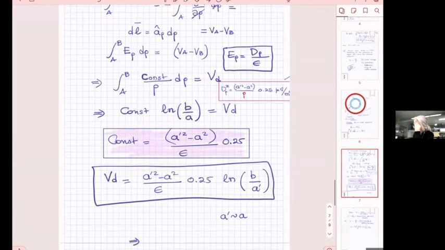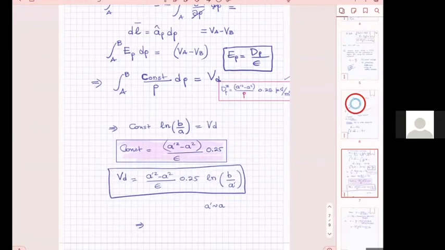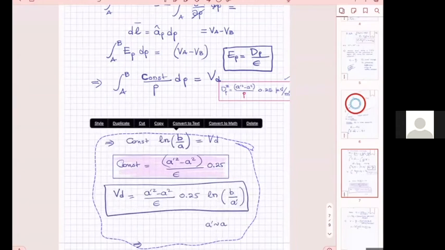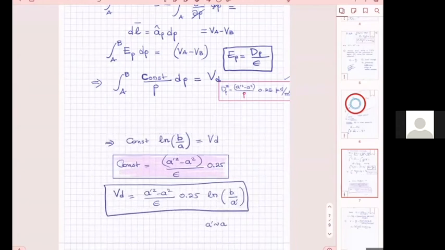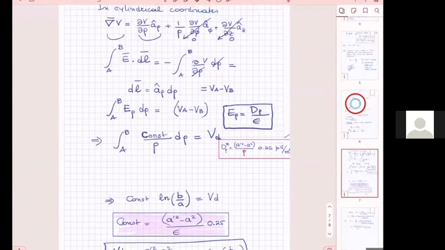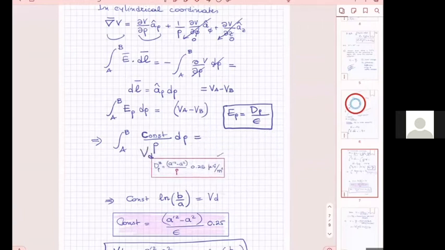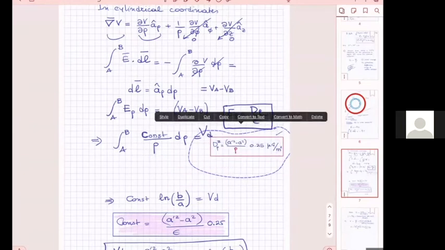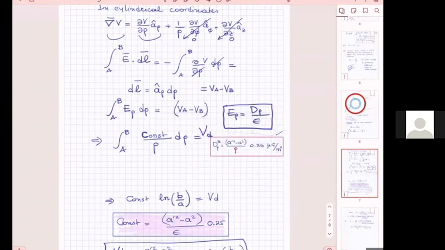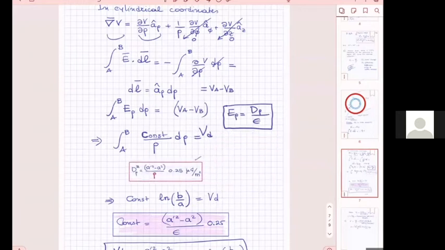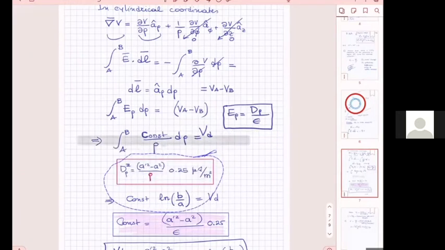Is that clear a little bit? Did you see how I got it? I think so. So E of rho was equal to D of rho over epsilon naught, and then you had that equation from earlier that you plugged in. Okay. From before.